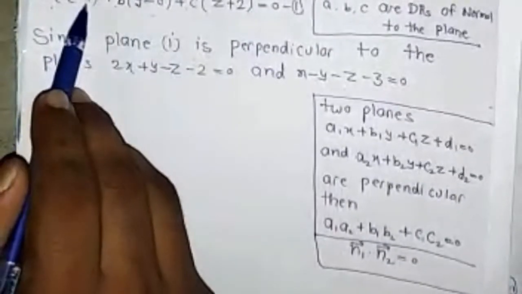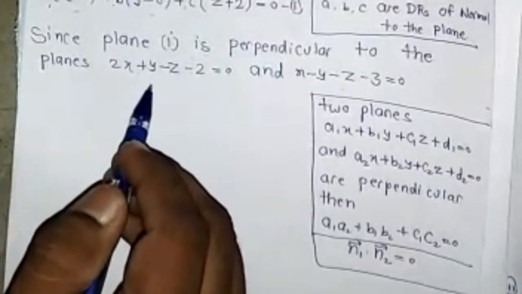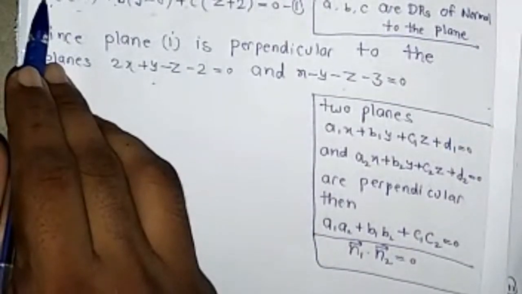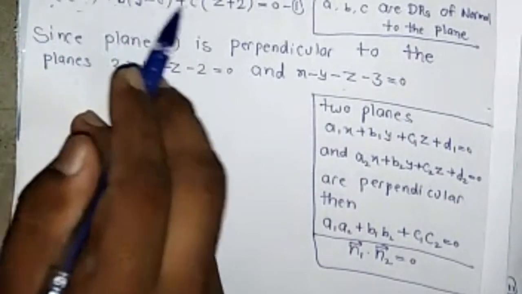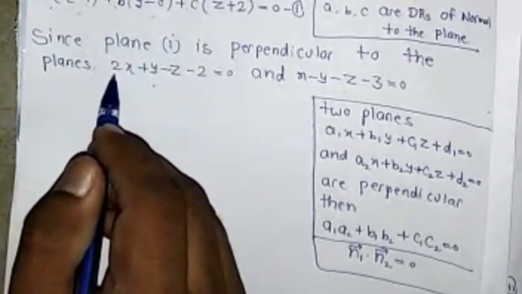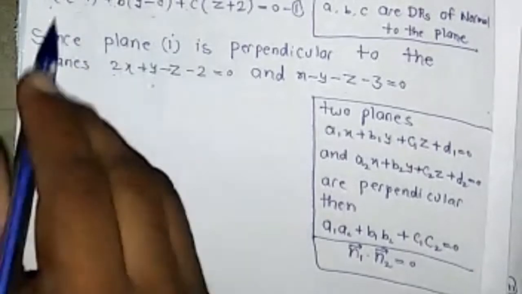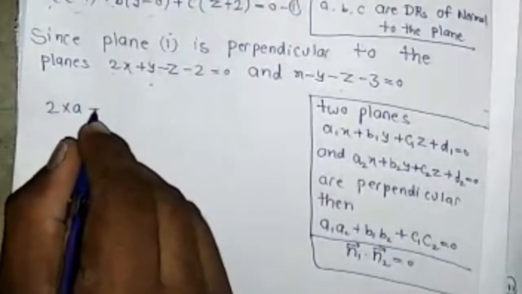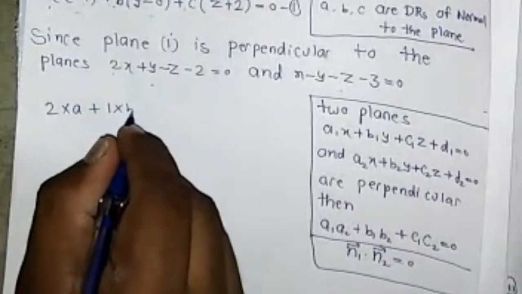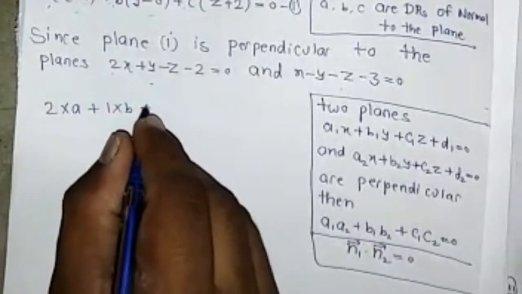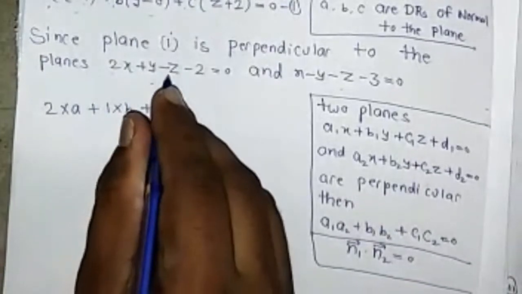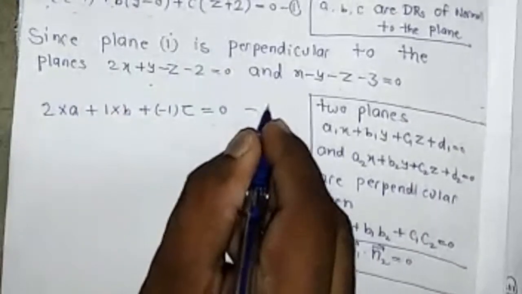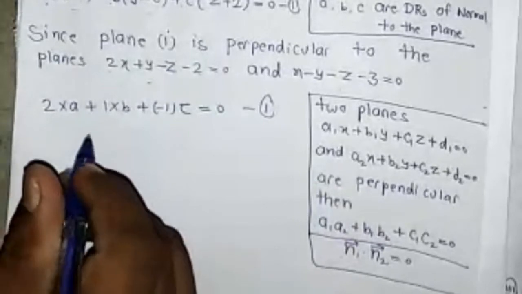Now this plane is perpendicular to this plane, which means the direction ratios of the first plane are a, b, c and of the second plane are 2, 1, -1, so 2a + b - c = 0, and it is the first equation.